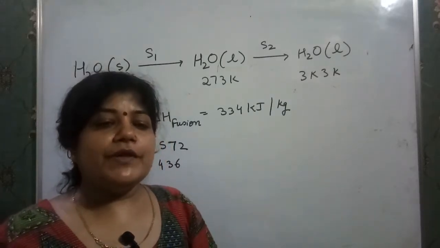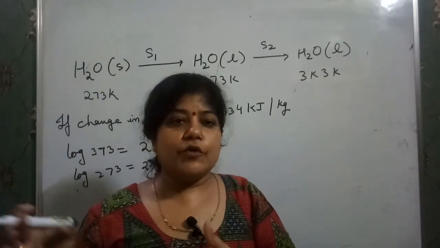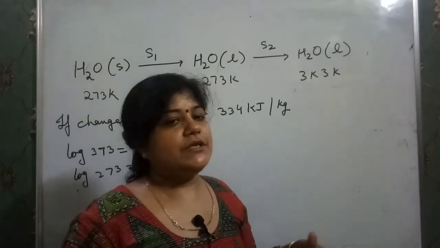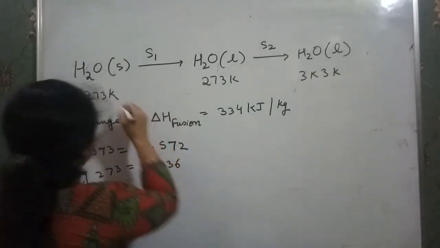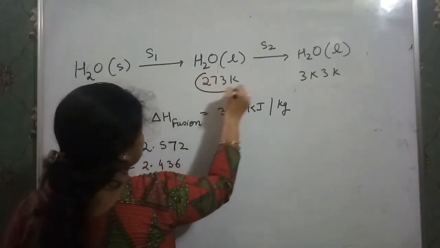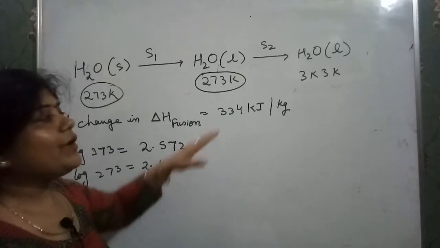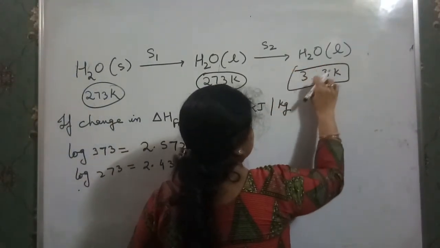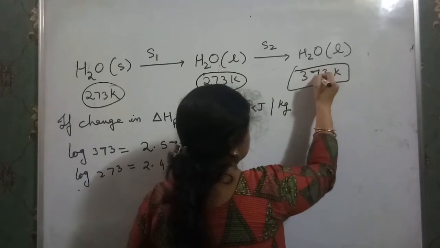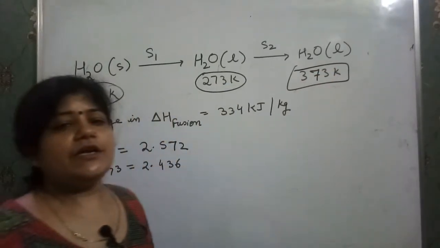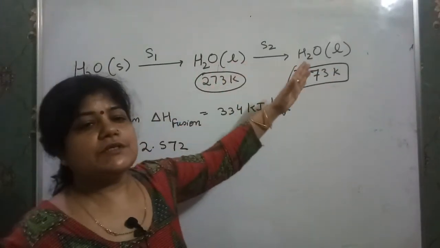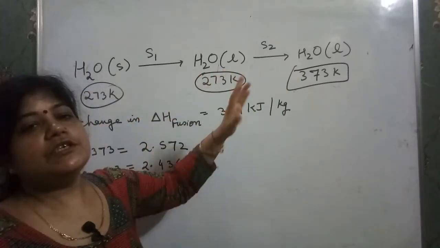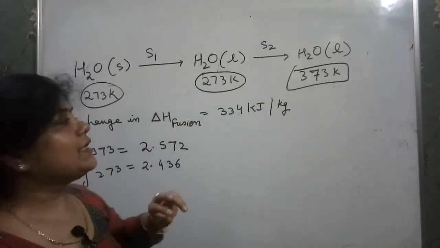As we know, when the ice changes from solid state to water, that is when it melts, the temperature remains the same. Now when we boil that liquid at the boiling point, 100 degrees Celsius, which is 373 Kelvin, how will we calculate the change in entropy for the whole process?